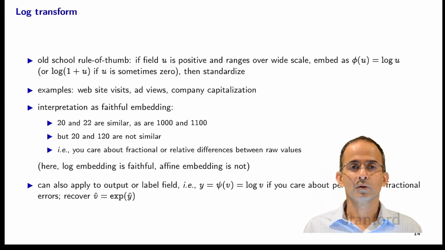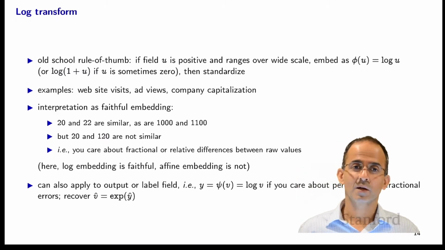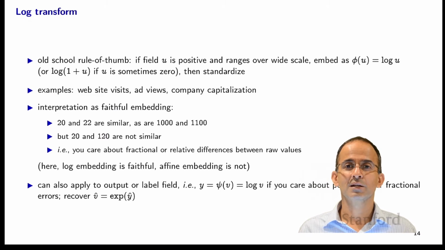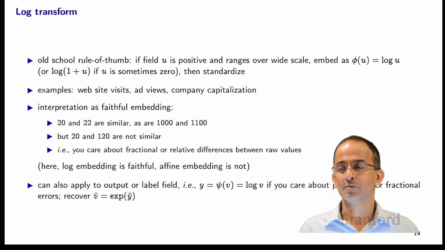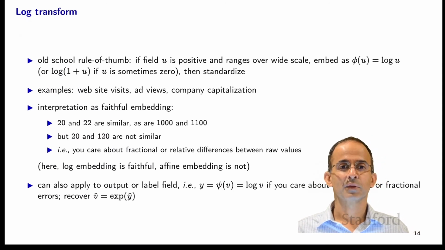So, for example, if u is the amount of traffic that a particular website receives, then you've got a bunch of different websites, and each one has a different amount of traffic, and there is a huge difference between the amount of traffic that big websites like Amazon and Google receive and what rather smaller websites such as my own website receives.